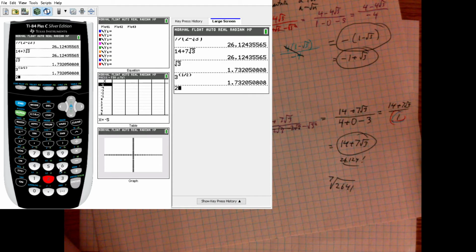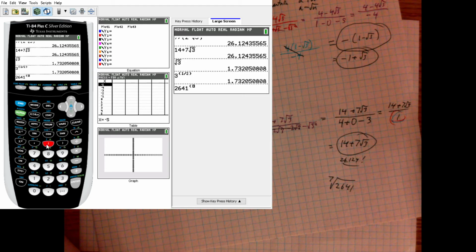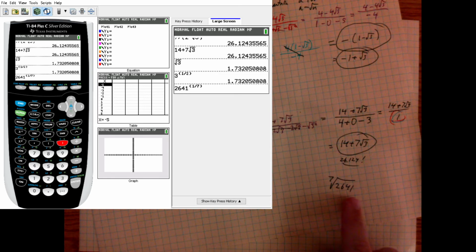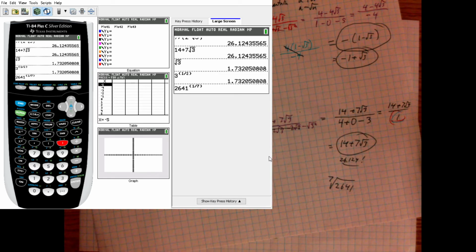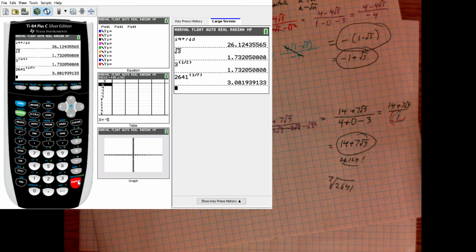Well, I type in the number 2641, I hit the caret key, so do a power, and that power is a 1 over my root of 7. The 7th root of 2641 is also written as 2641 to the 1/7 power, which is 3.0819. So that's how you use your calculator to determine your solutions.